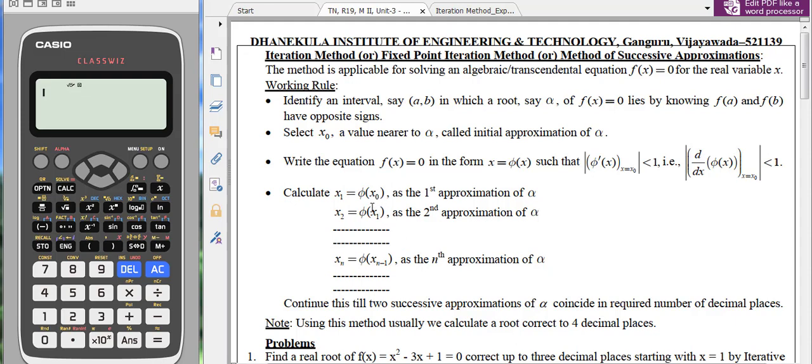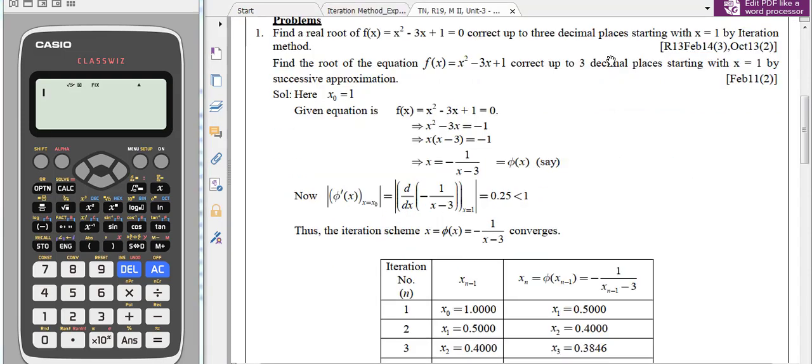We calculate these successive approximations of the root alpha, and we continue the process till two successive approximations coincide in the required number of decimal places. Usually by applying this method we calculate roots correct to 4 decimal places.